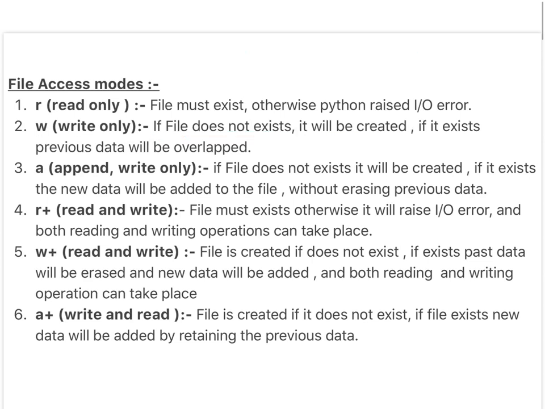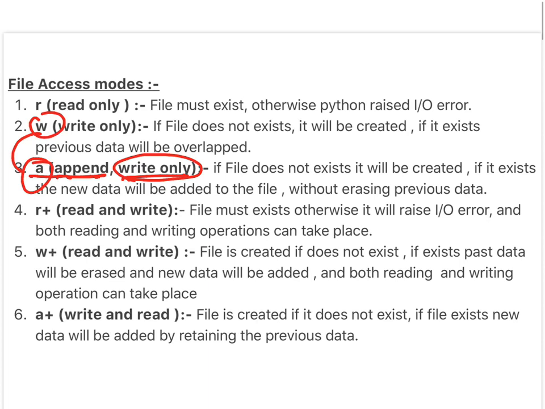The next is A. It's for append and write only. It means this time you can write the contents. What is the difference between W and A? The main difference is it's to append the content.